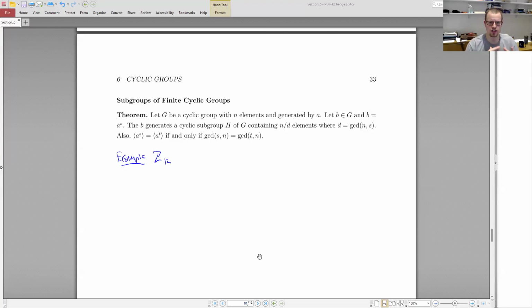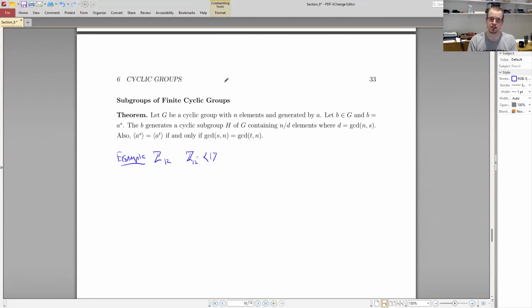So let's say we have G, a cyclic group, Z12 for example, with n elements, 12 here, generated by a. So Z12 is generated by 1, right?